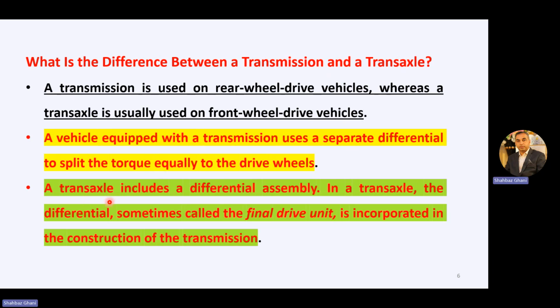A transaxle includes a differential assembly. In a transaxle, the differential, sometimes called the final drive unit, is incorporated in the construction of the transmission. But in this transaxle, we do not have the propeller shaft.